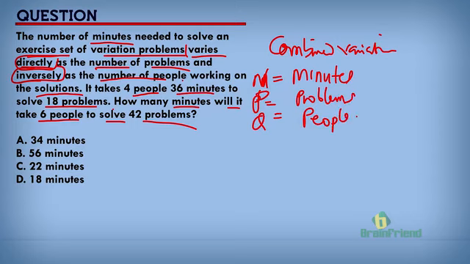If we wrote out a relationship, we'd have M, which is the minutes. The number of minutes needed to solve an exercise set of variation problems varies directly as the number of problems.